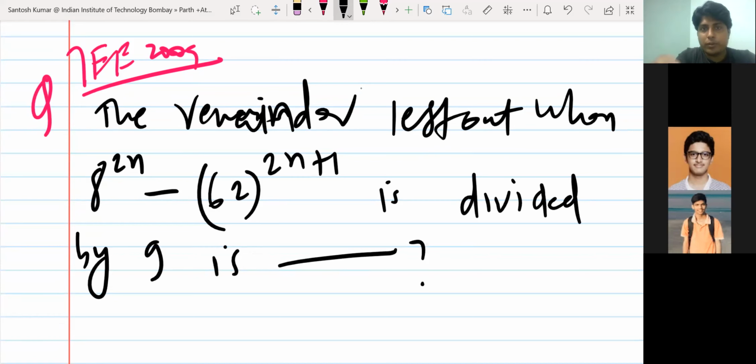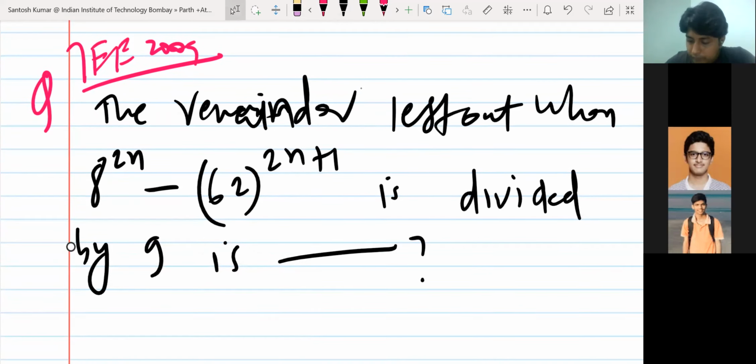So you have 4 options. I'm not giving the options. You tell me the answer. So this type of question you did in the first class. We did. So you try and tell the easier one. This is very easy. n can be any natural number. So what is the remainder when you divide this term by 9?